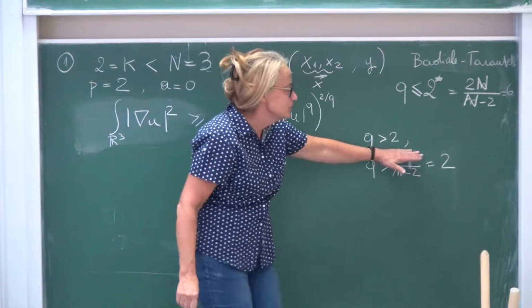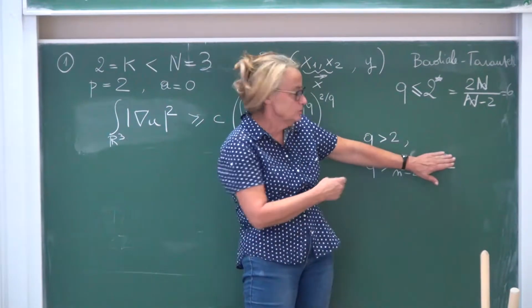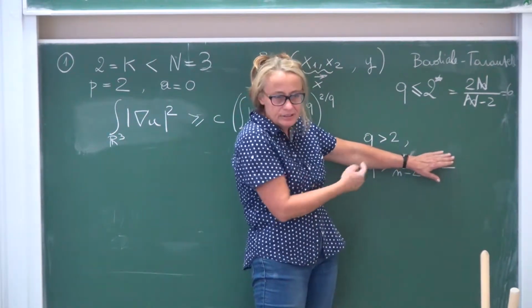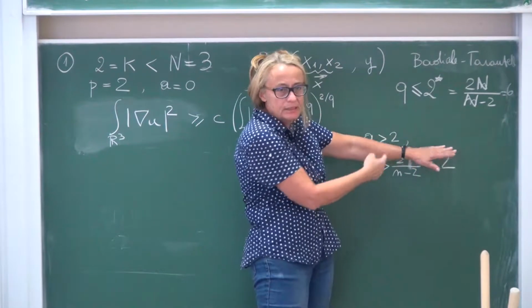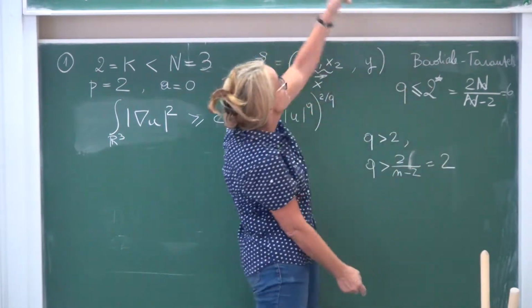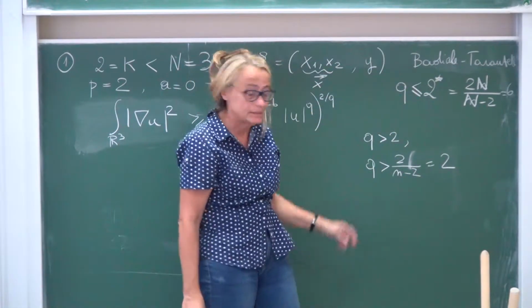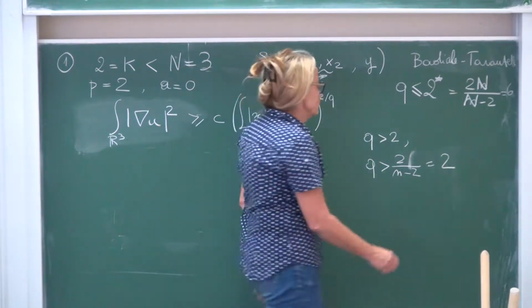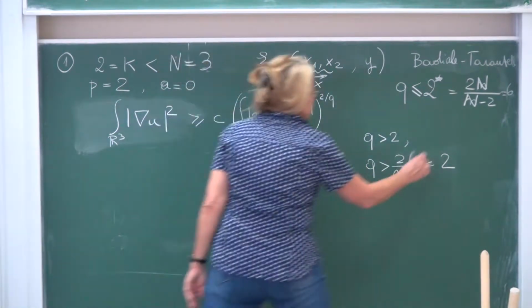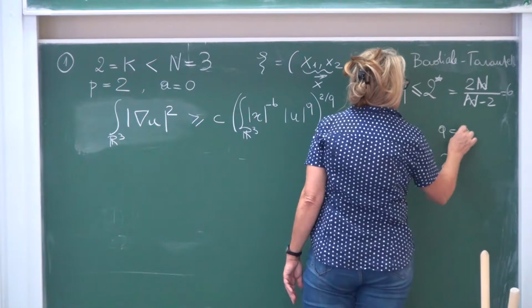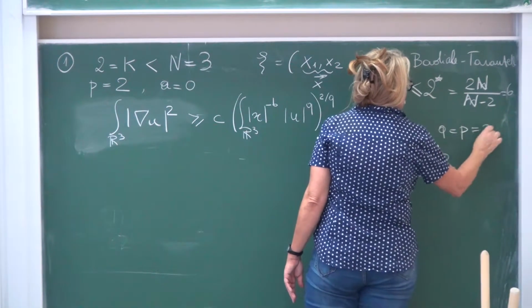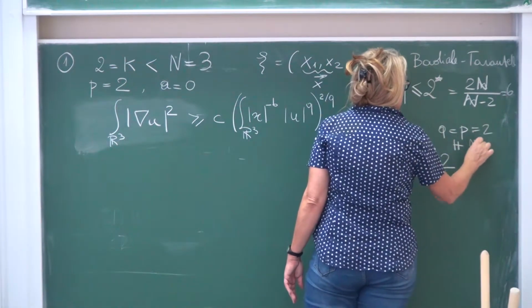This is because we want to skip the hard inequality. We want Q greater than P. This is the additional assumption in the theorem, okay? But they are the same assumption. For Q equals P equals 2, the hard inequality does not hold.